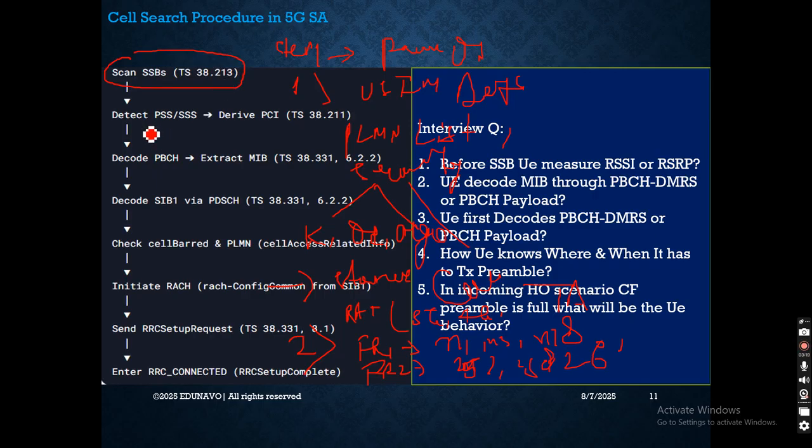Now comes the next step. Here the UE starts PLMN selection. No need to be surprised that I am talking about PLMN selection before the SSB decoding, because the UE does this PLMN selection even before the SSB decoding.